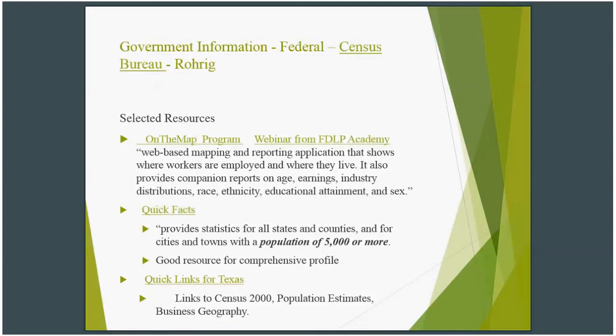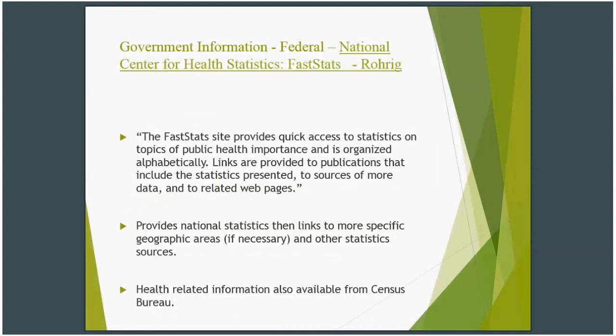Say, I think Slaton probably falls under that, and some of the other towns nearby. There is a nice QuickLinks for Texas, which gives links to census material, population estimates, etc. If you were wanting to do comparisons on a statewide basis to maybe your community profile if you're researching Texas.